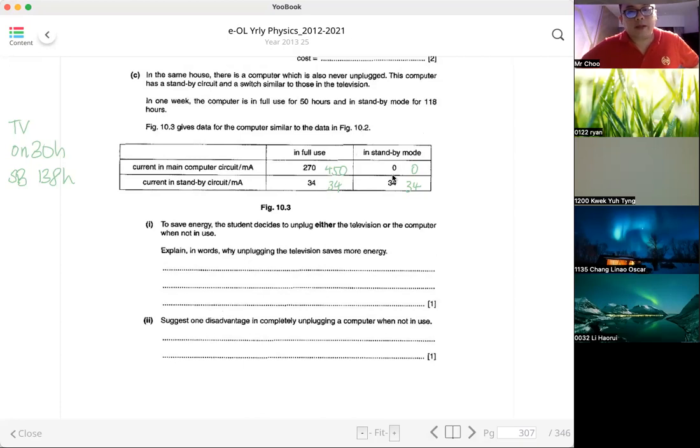Okay, why does unplugging the TV save more energy? Okay, Chelsea, well done.